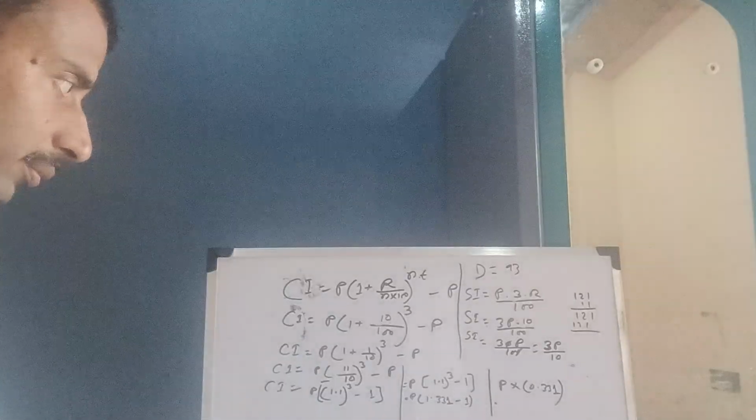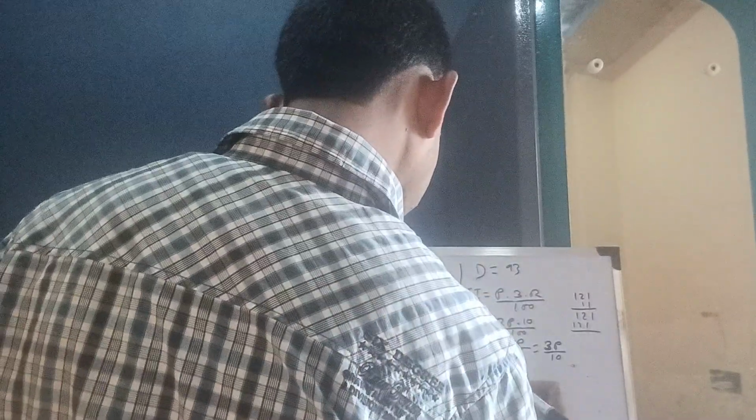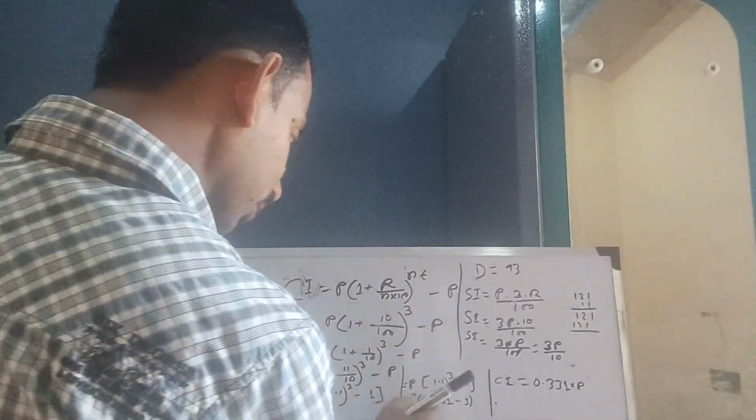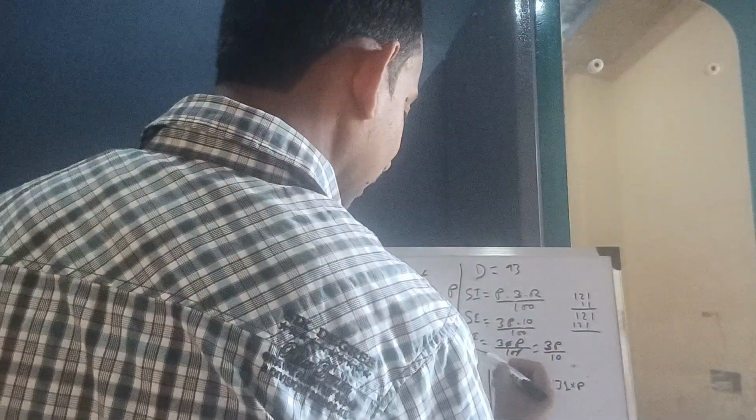So from this relation, we got CI equals 0.331 P. Because CI equals this one, and this one means this, finally we got CI equals 0.331 P. And previously we found that SI equals 3P by 10.